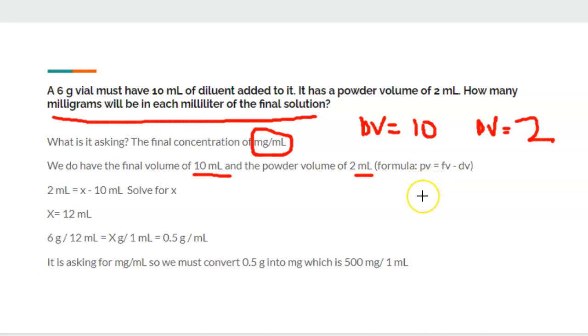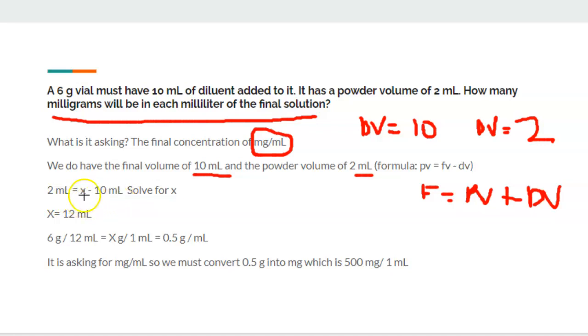We don't know our final volume, so we could do final volume equals powdered volume plus diluent volume. Or we could just put it in and solve for x, which is what I did.